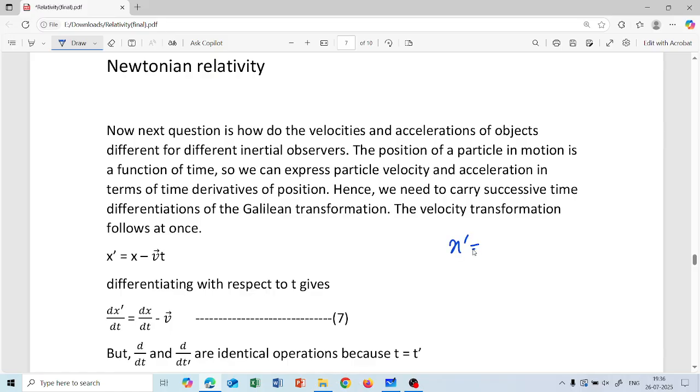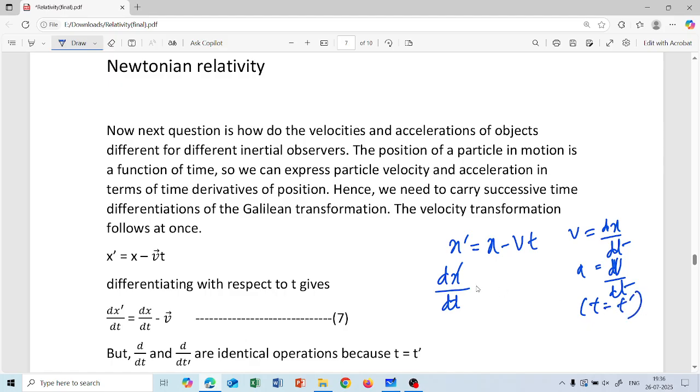X prime is equal to x minus vt. As we know, velocity is nothing but the derivative of distance with respect to time, so dx by dt. Similarly, acceleration is the derivative of velocity with respect to time, so dv by dt. So I can do this simple transformation. If I differentiate with respect to t or t prime, it doesn't matter because t is equal to t prime here always.